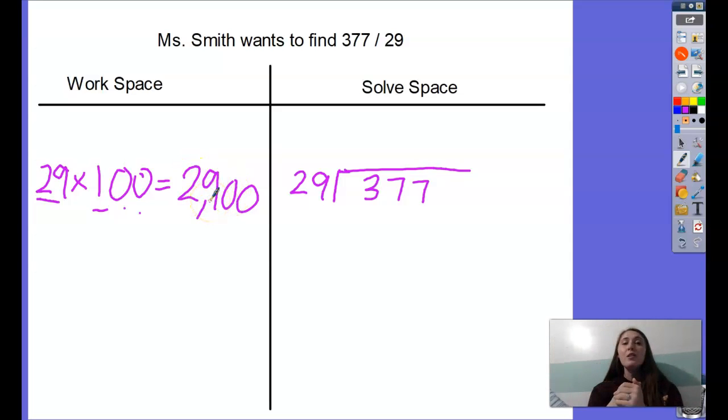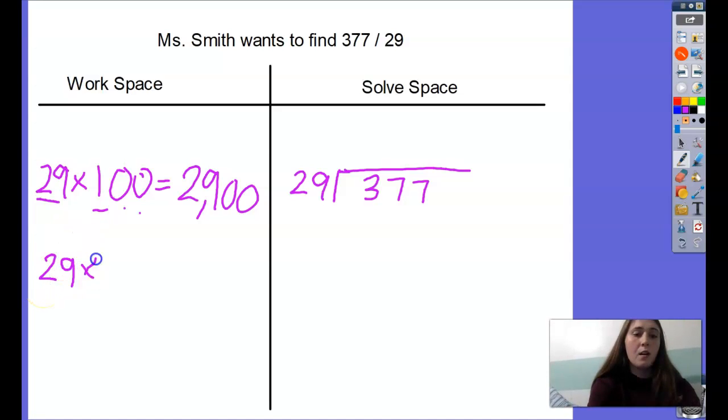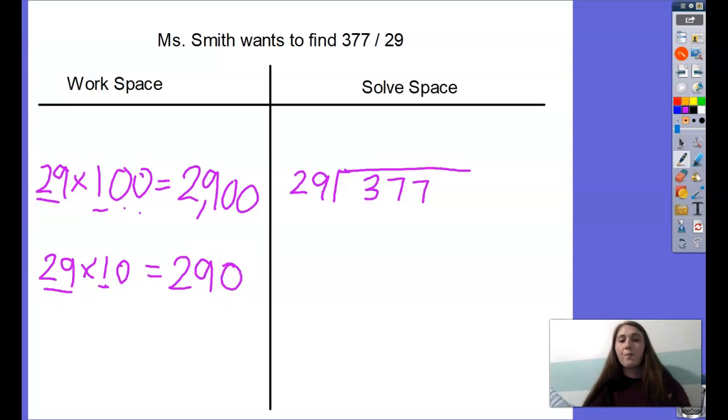I am now going to multiply my 29 by 10, since the next lowest place value under 100 is 10. So I'm going to do 29 times 10. Again, 29 times 1 equals 29, and then annex an extra 0. Okay, so I can do 377 minus 290.